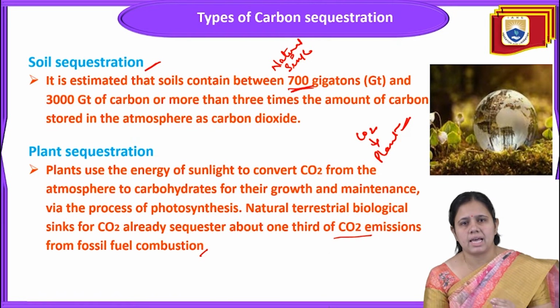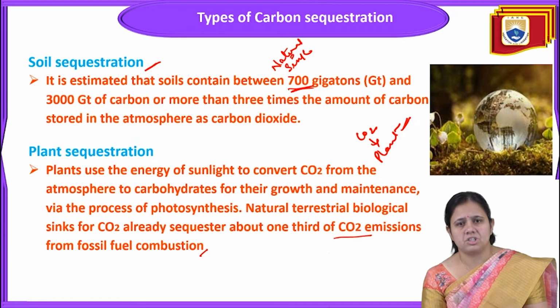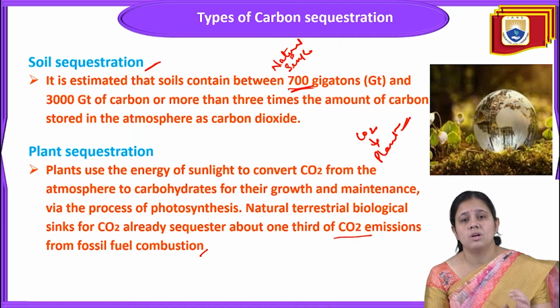But now in this era, due to deforestation and globalization, there are many reasons behind this problem. Due to globalization there are more industries, and for more production many trees have been cut, so the number of trees has been reduced while the sources of CO2 emission have increased. That's why this problem has occurred.